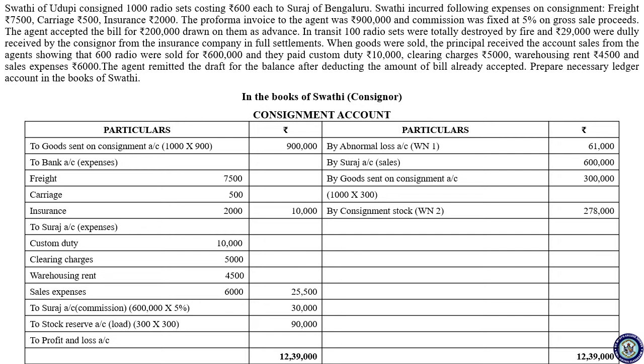So the total is 12,39,000 and the difference is 1,83,500.